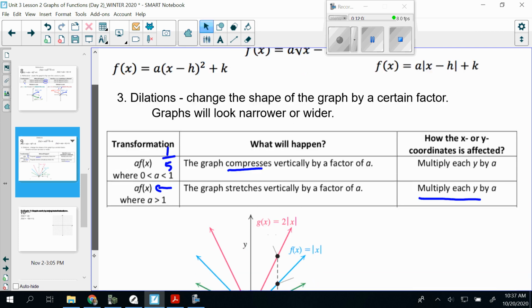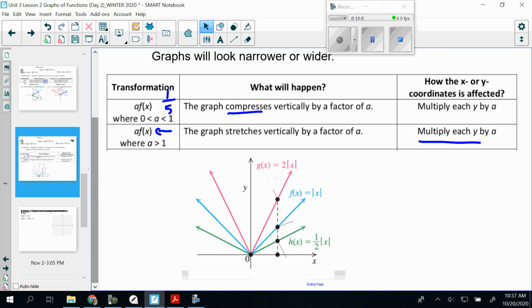Some examples. Here's our square root graph. The blue one is our parent one here. If you were to multiply 2 to the outside of that function, that's going to stretch each point up by 2. So for example, if that point was at 1, 1, now if you multiply by 2, now it's up here at 2.